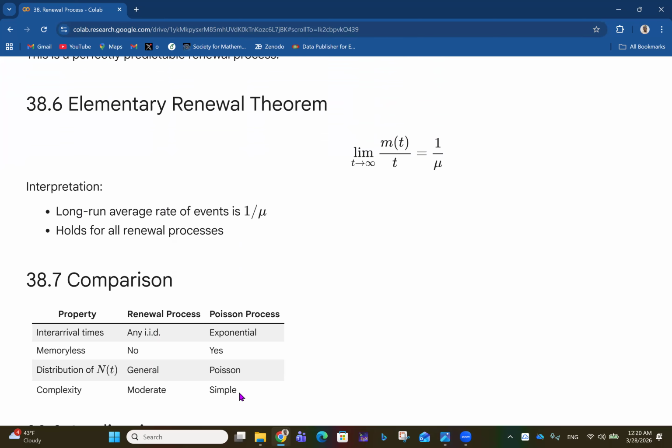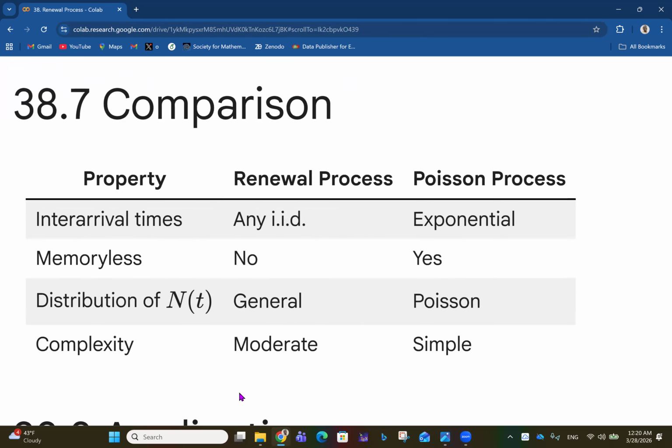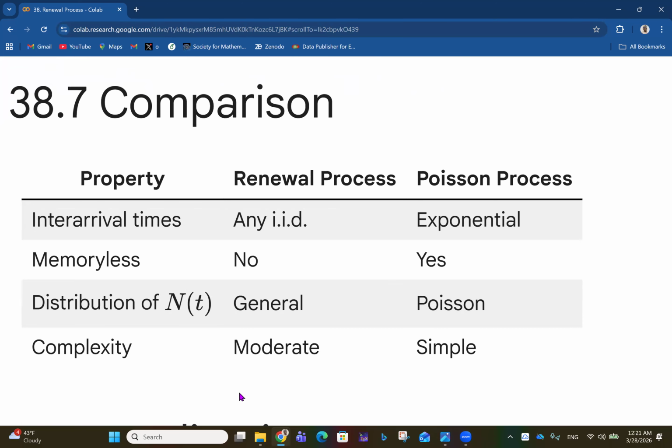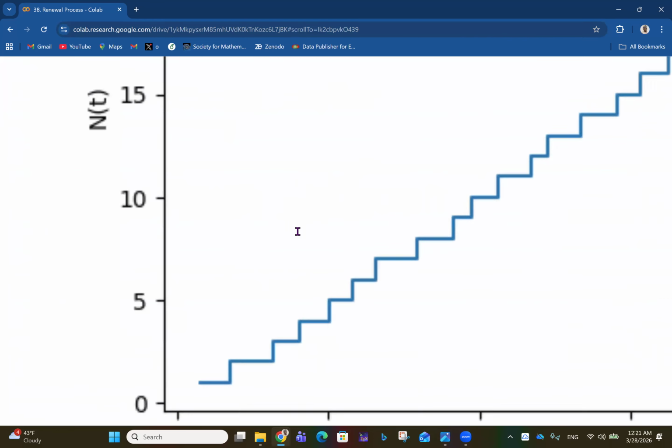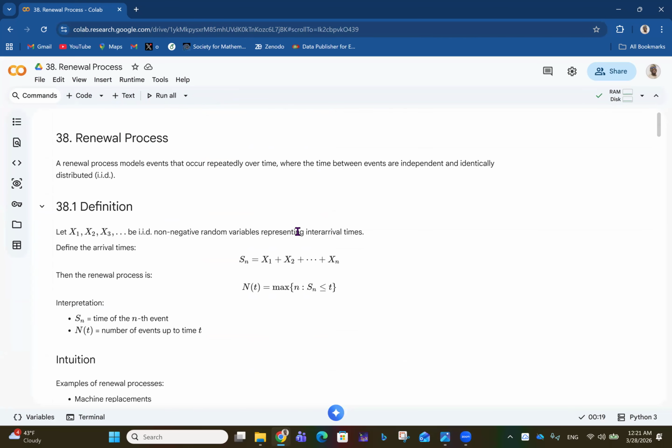And then for comparison, we have inter-arrival times, memorylessness and things like that, for looking at the kind of renewal process it is, and whether it is a Poisson process. So for inter-arrival times in a renewal process, they are any IID, independent and identically distributed.